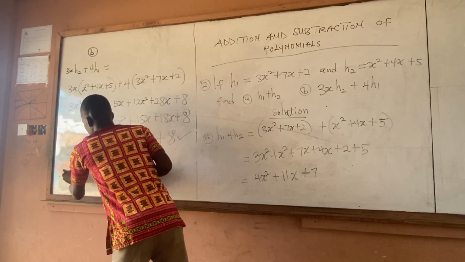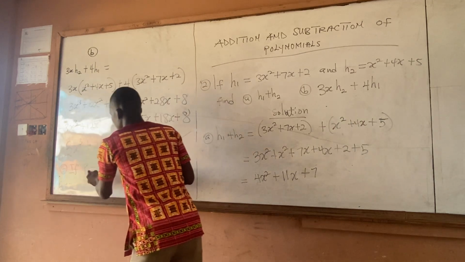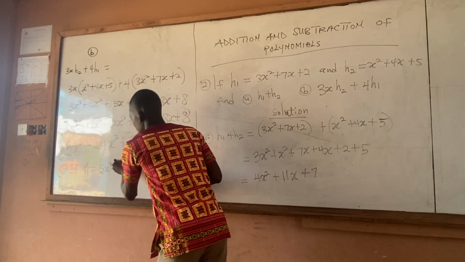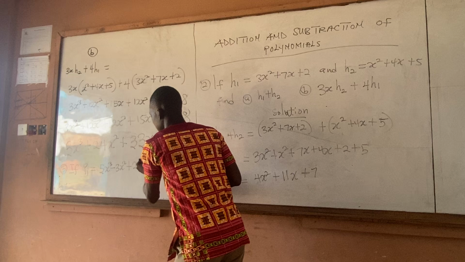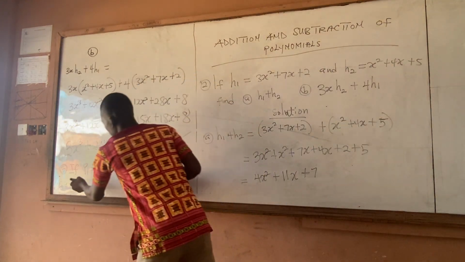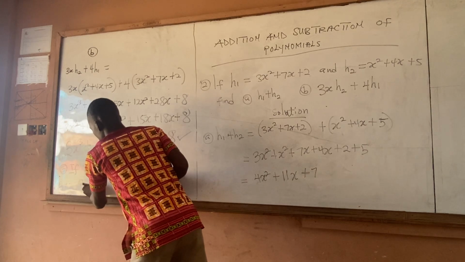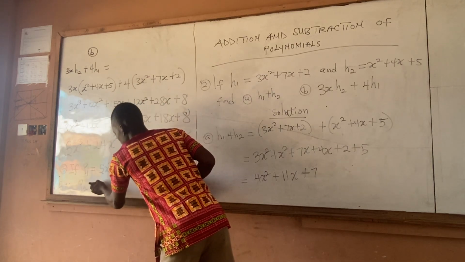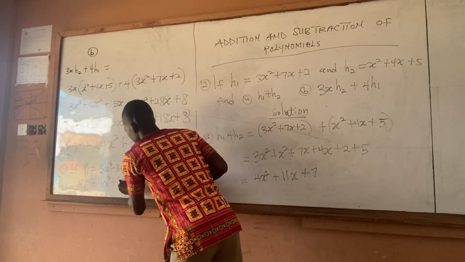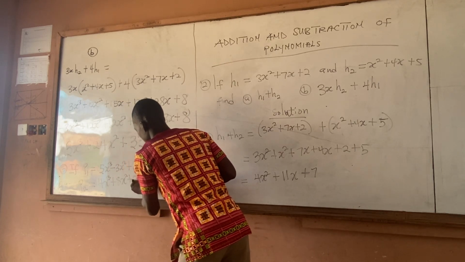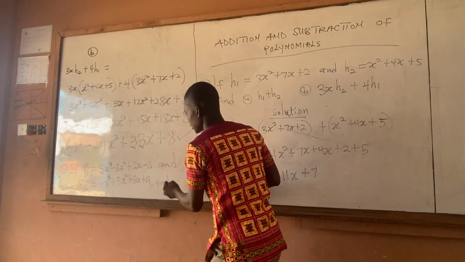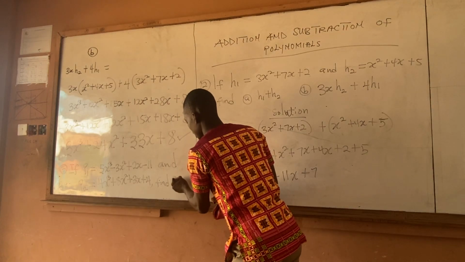If P1 is equal to 5x cubed minus 3x squared plus 2x minus 11, and P2, polynomial function 2, is 4s cubed plus 8s squared plus 3s plus 4, find P1 plus P2.